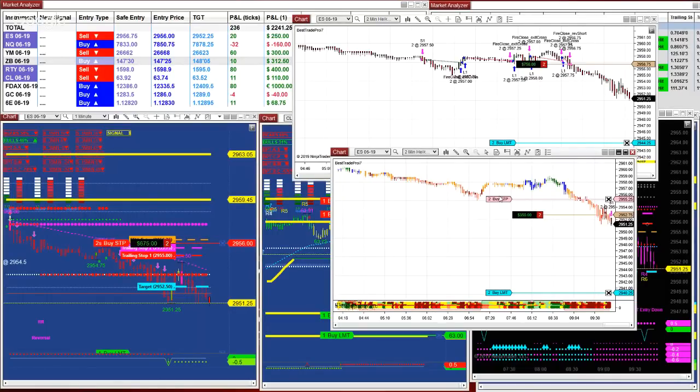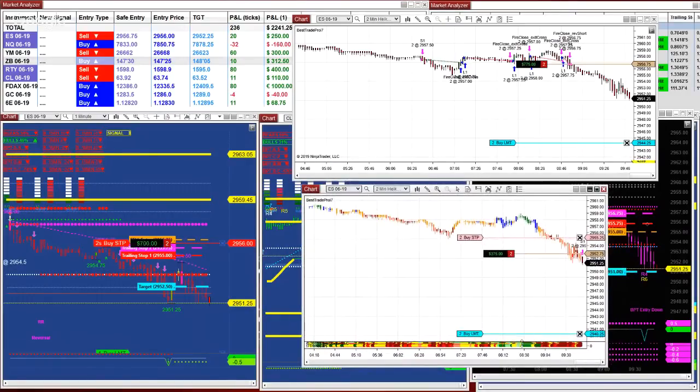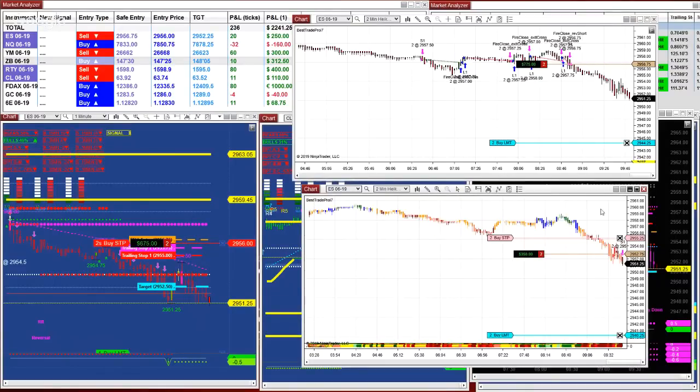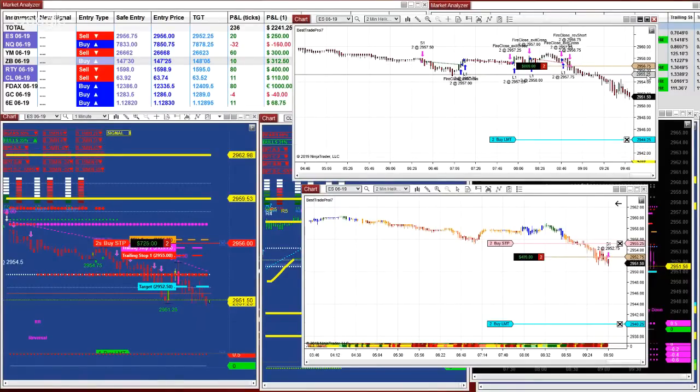Now I started this one here. The difference between this one and this one: on this one, I have a 10 ticks stop loss with a trailing stop. On that one here, we made it a bit friendly.